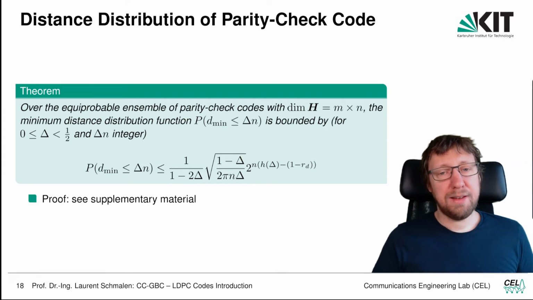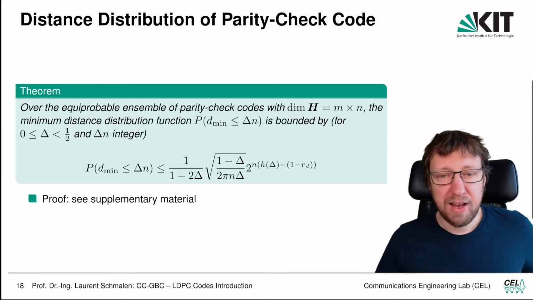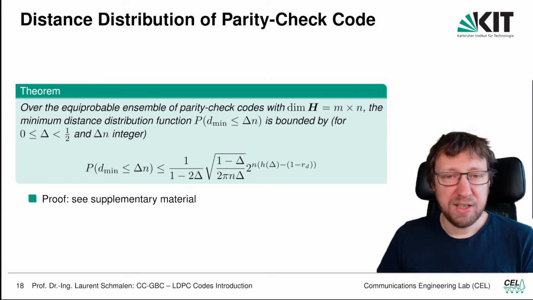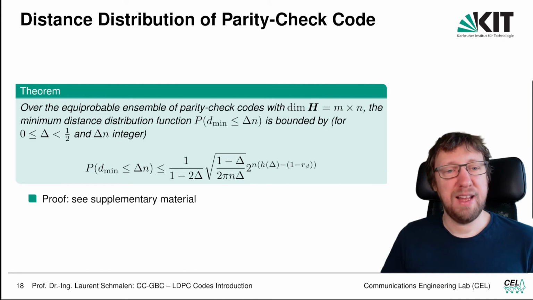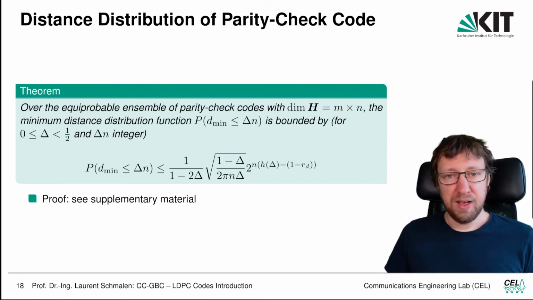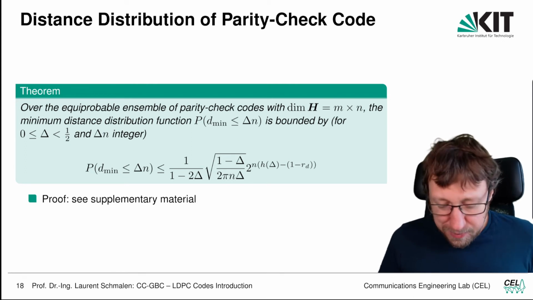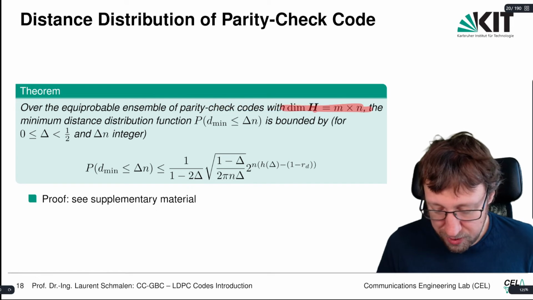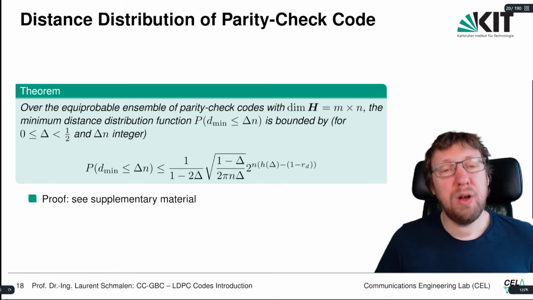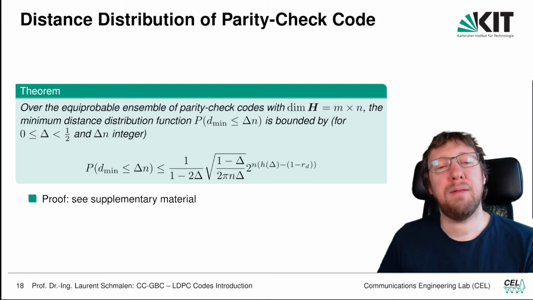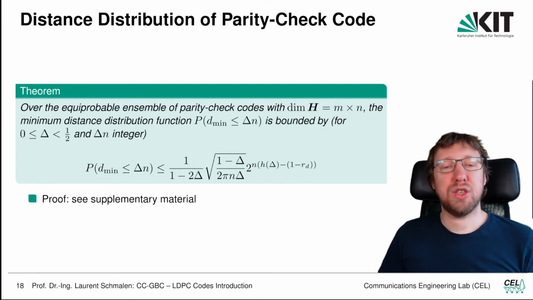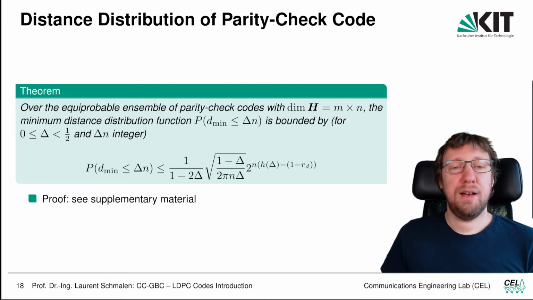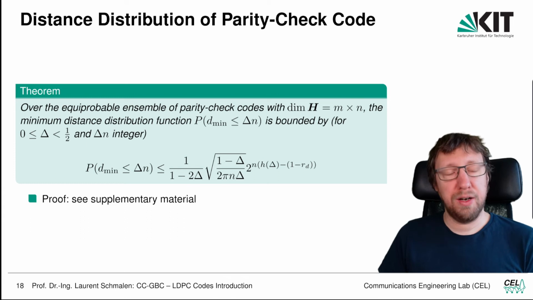So now we're looking at a further result. That's also taking some time to digest, and that's the distance distribution. So now we ask ourselves, we have constructed a parity-check code of dimension m times n, and we're looking at what is the probability that the minimum distance has a certain value. And we're looking at the distribution function.